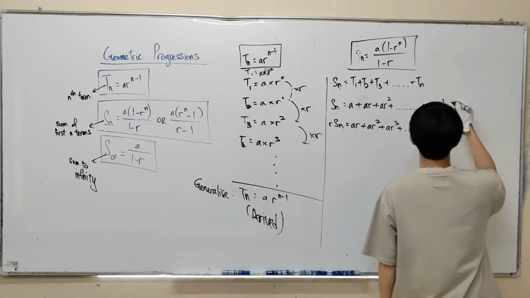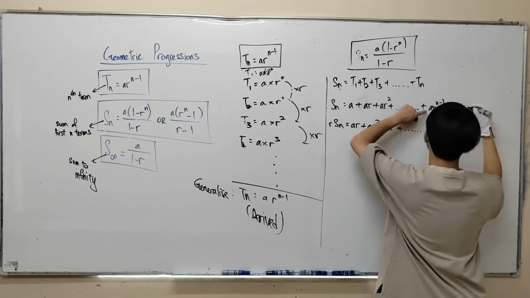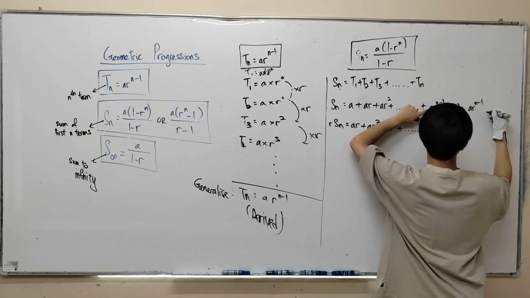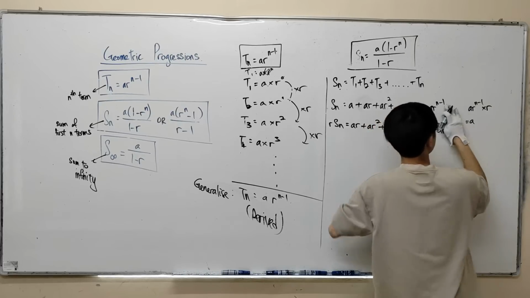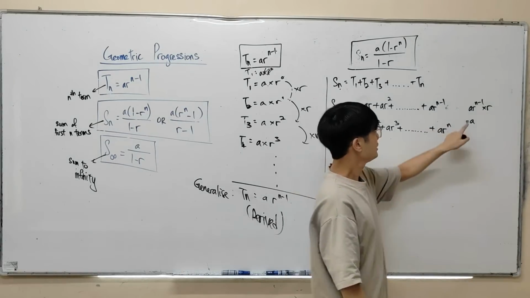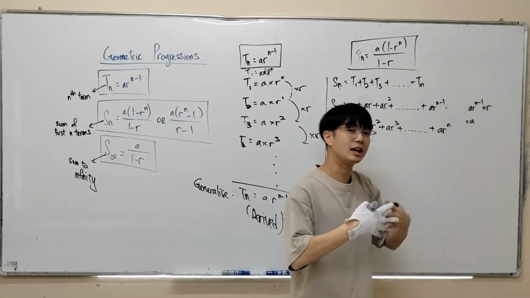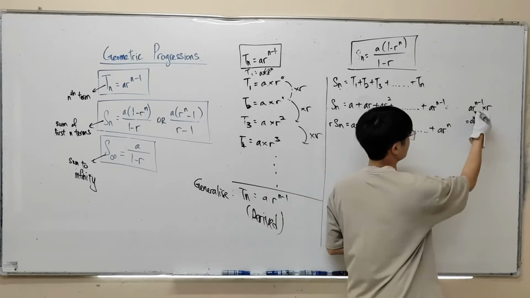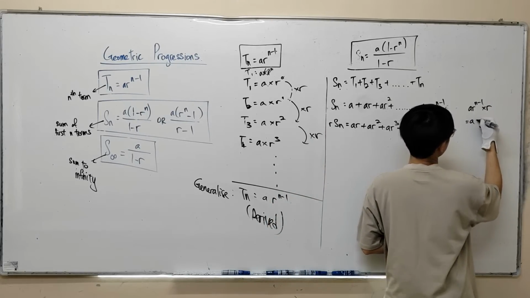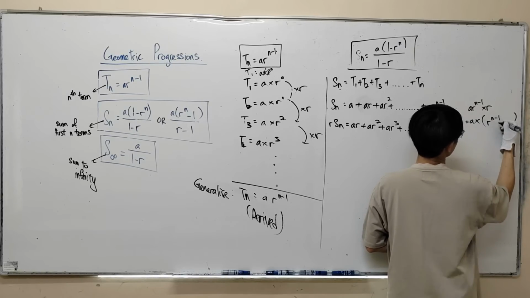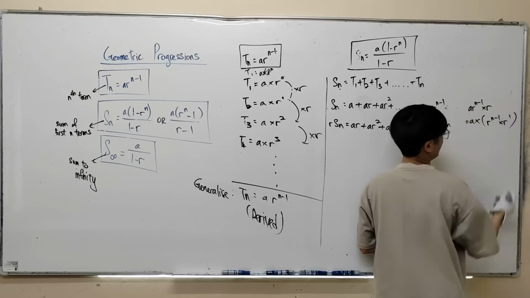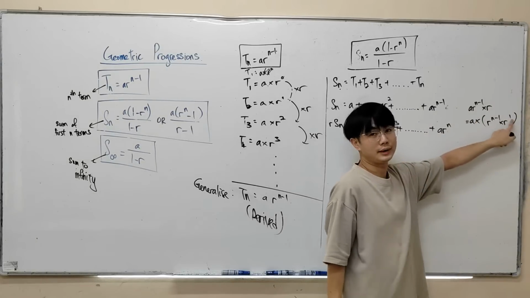Let me show you. Let's say I'm taking this AR power n minus 1, I times with R. Nothing will happen to the A, I just write it. Only the R and R can times together because they are the same base. So it becomes A times bracket R power n minus 1 times R power 1. Nothing here means power 1, right?